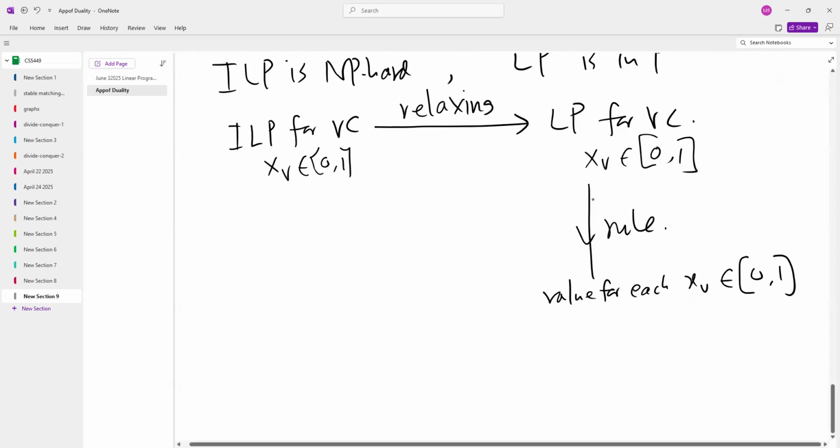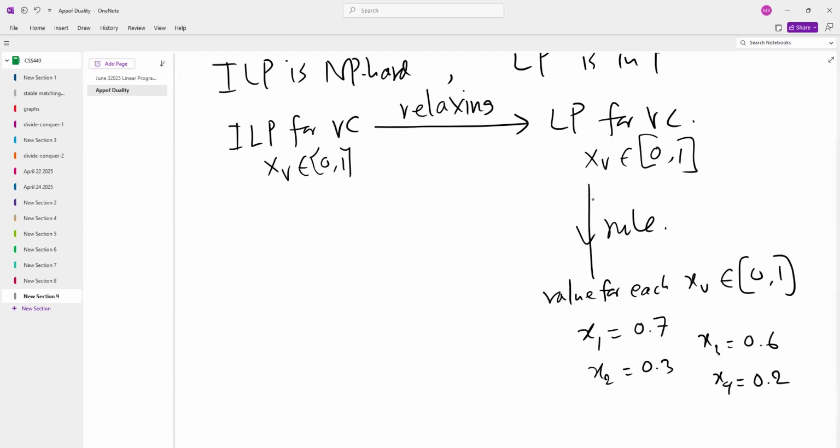For example, the value of vertex 1 can be 0.7, the value of 2 can be 0.3, 3 can be 0.6, 4 can be 0.2, right? But now, as you pointed out, this is not a valid vertex cover. For the vertex cover, I need these to be 0 or 1. So if you have these fractions, what would be a natural way to convert this back to 0 or 1? Round them. Rounding, exactly.